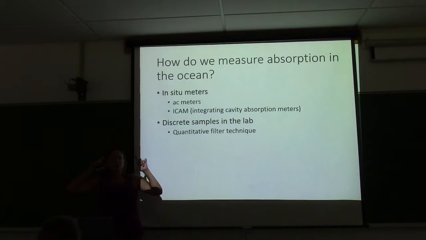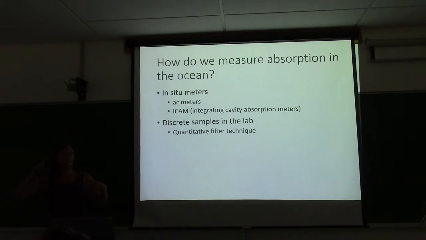If you look at the relative amounts of, say, a pigment that's absorbing at 560 nanometers versus chlorophyll absorbing at 440, and you see variations in that ratio of absorption, that's telling you you have variations in the relative concentrations of those two pigments. So you can begin to look at, am I looking at a variation in magnitude? Am I looking at a variation in shape? Am I looking at smaller variations in relative shape? So we use that information to tell us a lot about what's in the water.